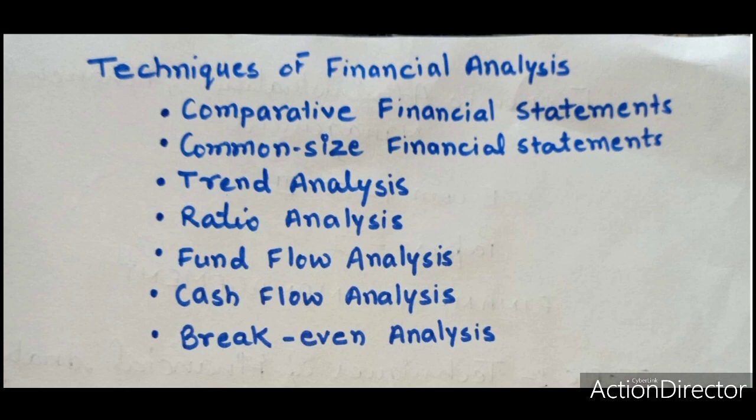Ratio analysis is the process of determining and presenting the relationship of items or groups of items in the financial statements. In ratio analysis, a definite conclusion is drawn by establishing a quantitative relationship between two or more items of financial statements.